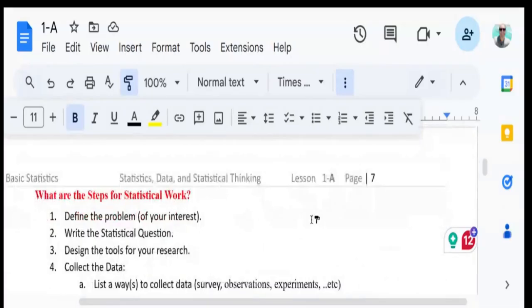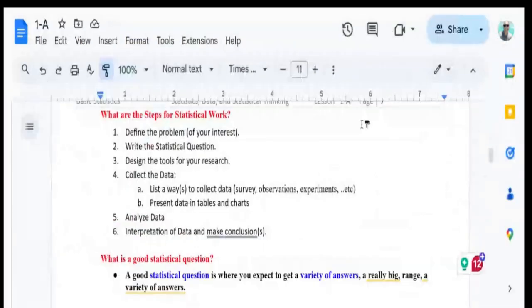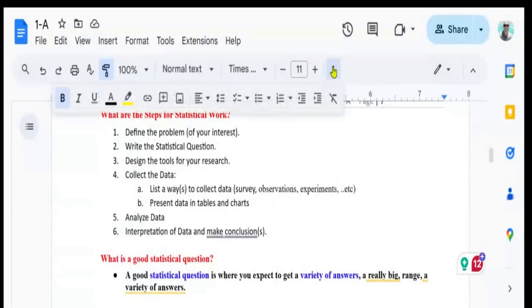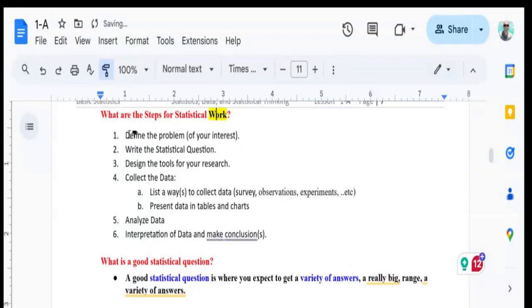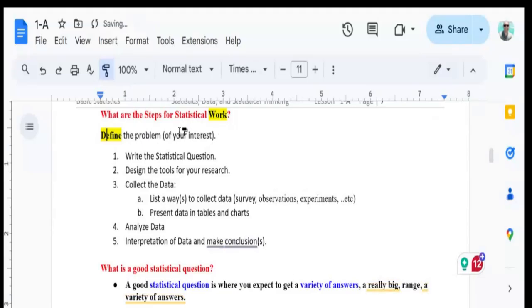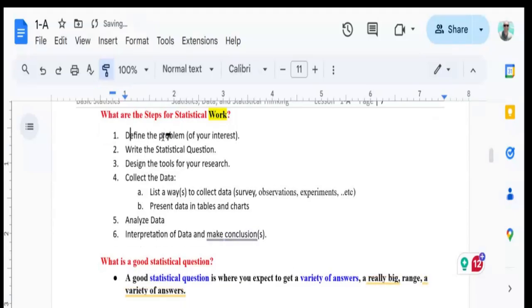So you see, if you take a look at other books, they write in different ways. Here they say define the problem. What are the steps for statistical work? Define the problem first. You have to define it, right? After you define the problem, you write the statistical question. Design the tools for your research, what tools you're going to be using.